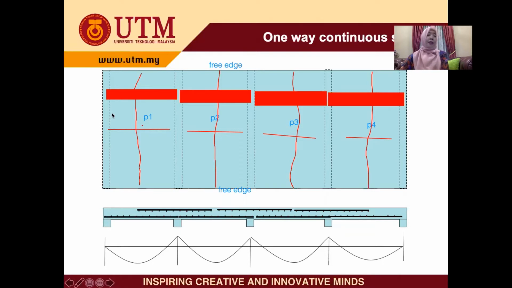And then you need to understand that during the construction, we will cast the beam and slab together, or we call it monolithic. In design, we call it monolithic construction.